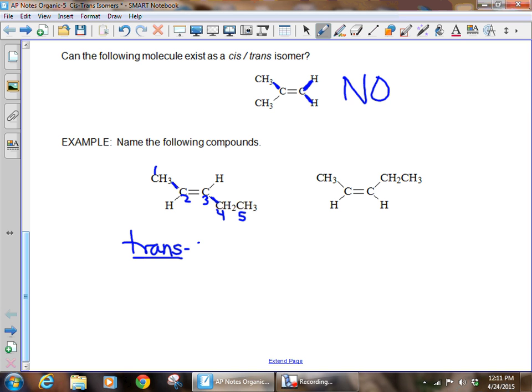Trans-2-pentene. And this one, since the non-hydrogen groups are on the same side of the two carbons, it's still the pentene, but this time it's going to be cis-2-pentene. And that's the difference between cis and trans isomers.